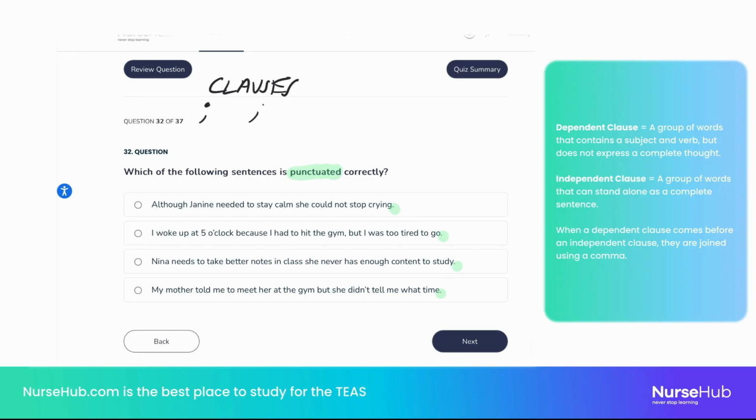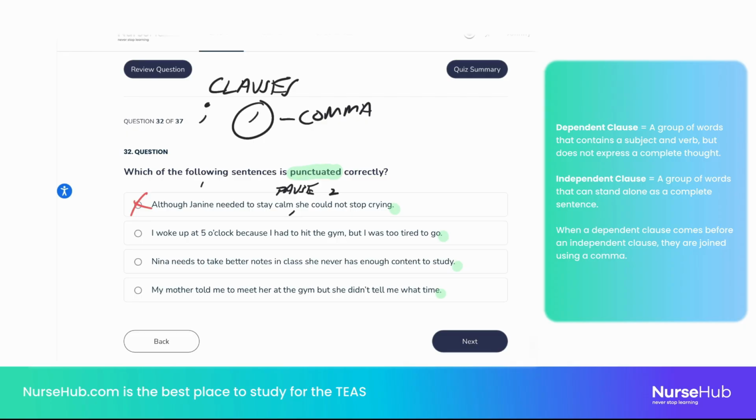But in most cases, in this one, a comma to separate them, right? So look at, although Janine needed to stay calm, she could not stop crying. So here we need that comma right there to separate clause 1 and clause 2. And if you notice, there is a little pause there as well when you read it out loud to yourself. So that one we can cross off as not being the correct answer.